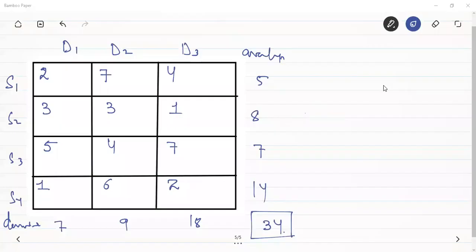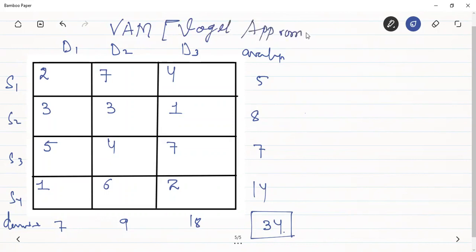Okay, so this same problem we will solve by the method that is known as VAM, or we can say Vogel's approximation method.